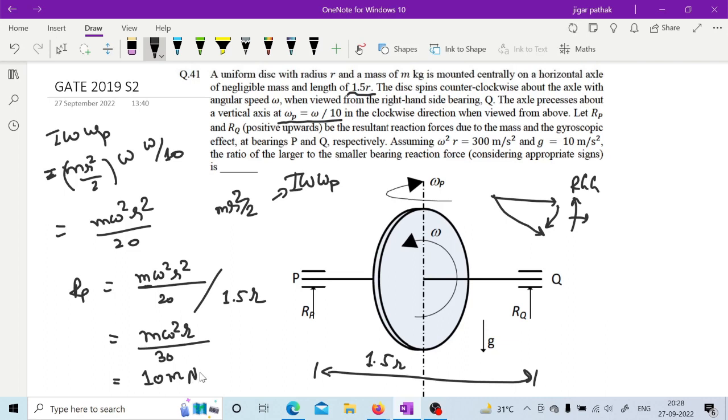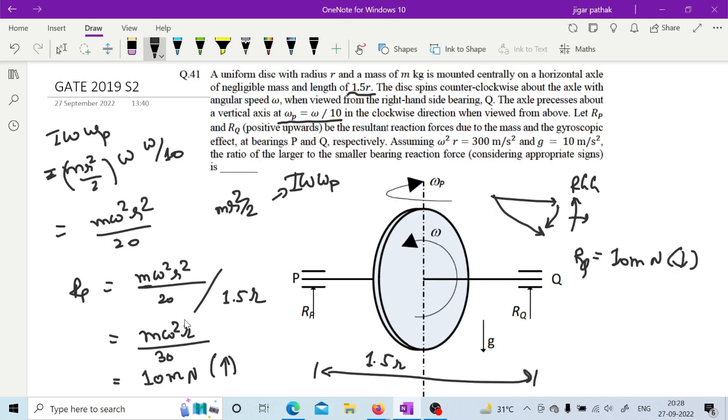And it is in the upward direction, right? Let us say this force at P is in upward direction. So if at P we are considering it upward direction, then RQ will be in the downward direction because it is generating this couple. So RQ will be again the same only, this 10 m Newton only, but it will be in the downward direction, right?